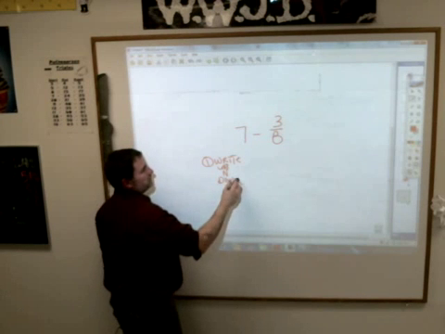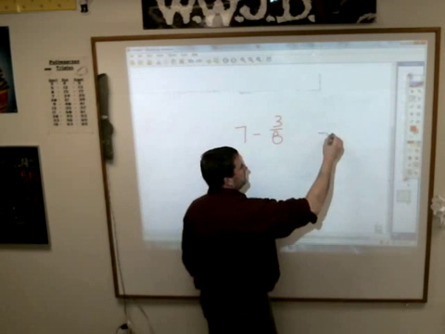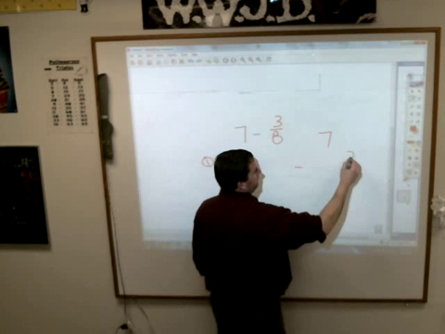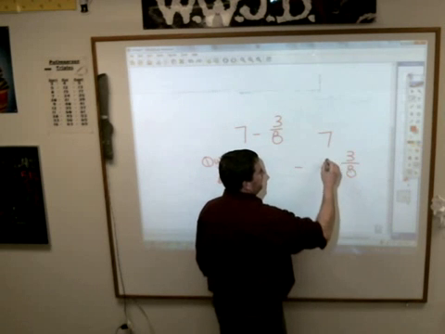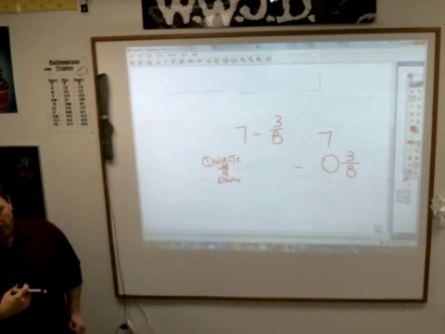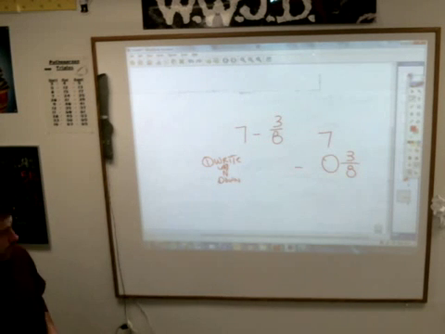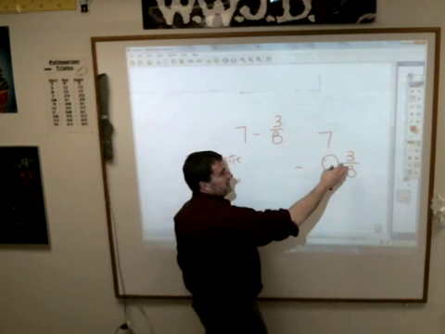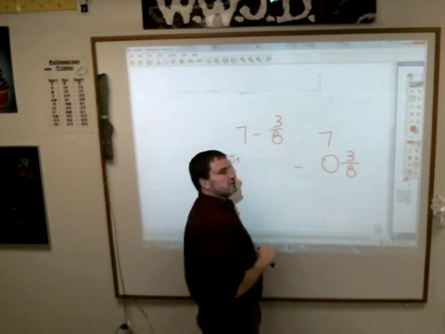In other words, when you see a problem like this, I want you to write it like this: 7 minus 3/8. And if you want, you can put a 0 there if you'd like to have a number there for the whole number. And I think we've talked about this before. I need to take 3/8 away from a fraction there, but there is no fraction there.